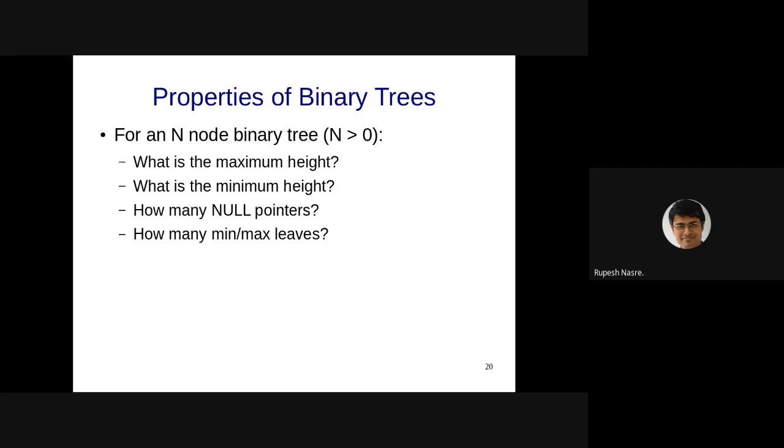In that case, the leaves are the only ones which have null pointers, and the number of leaves is going to be, let's say, n by 2, and therefore the number of null pointers is going to be approximately n. So that seems to be different from n plus 1. So although the values are a little different, that does give some indication that it is going to be very close to n.